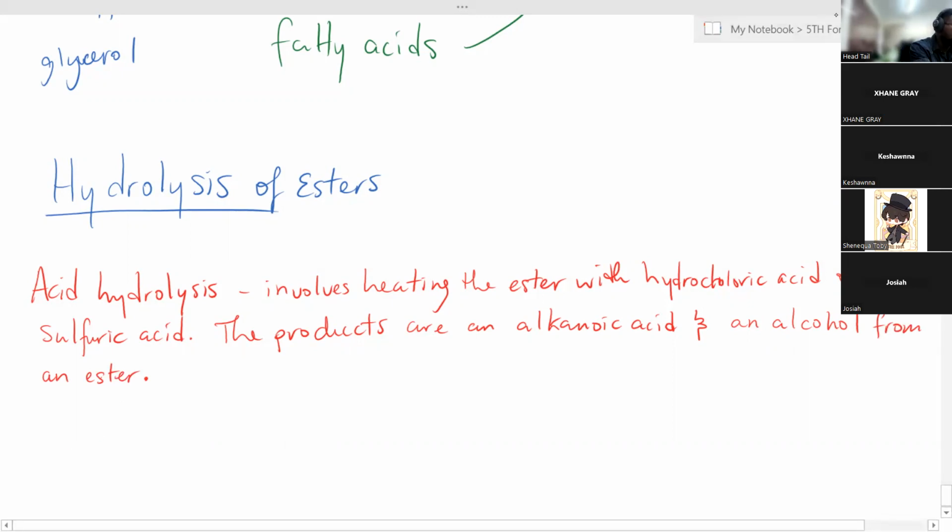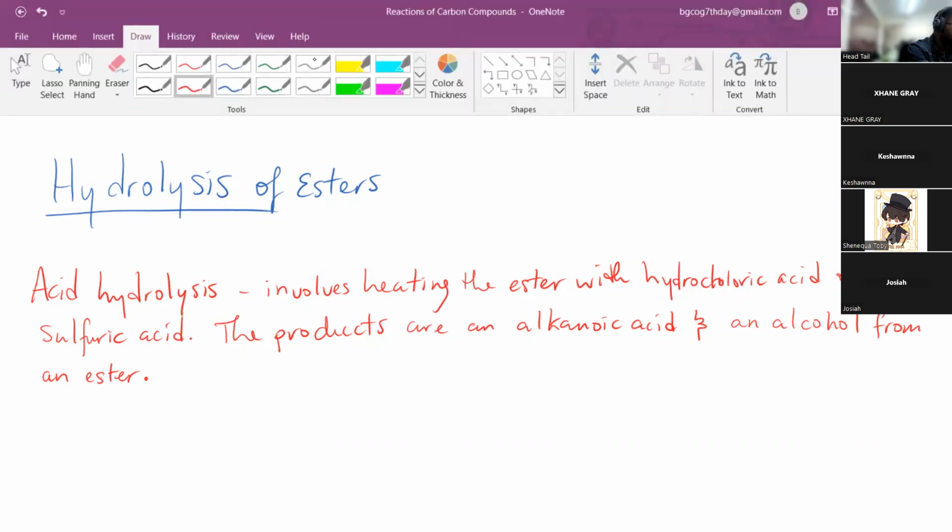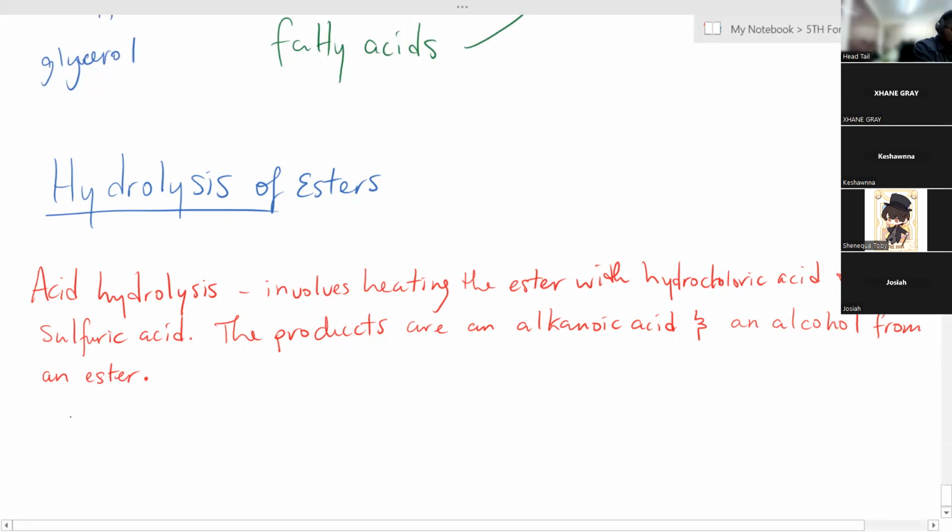So again, they have the ester, which is the same propyl ethanoate that we had. CH3COOC3H7, all right?